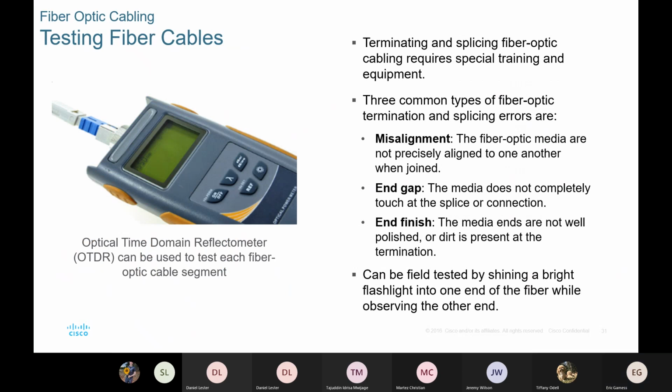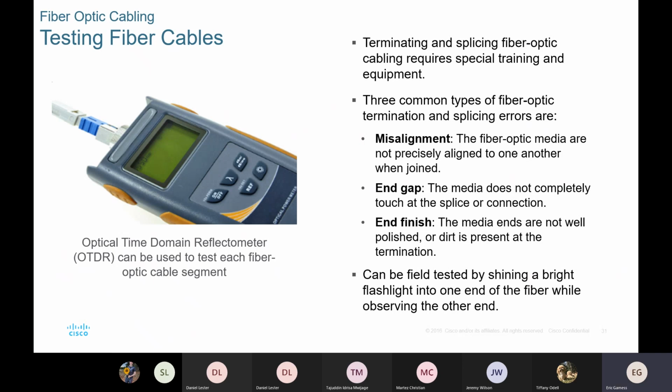So it's a very expensive technology, and you need special training if you want to install fiber optic. The people that install fiber optic use very expensive equipment, and they also use a microscope, because this is so small that they need to magnify what they are doing.